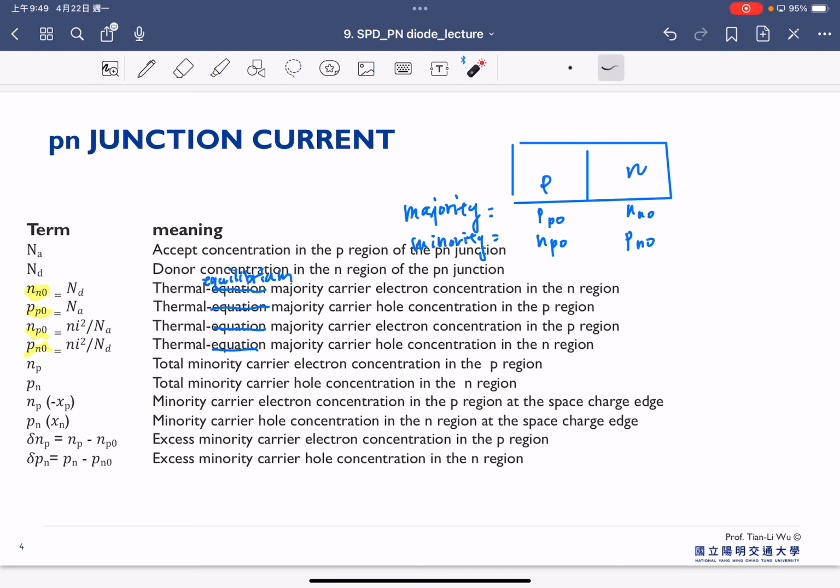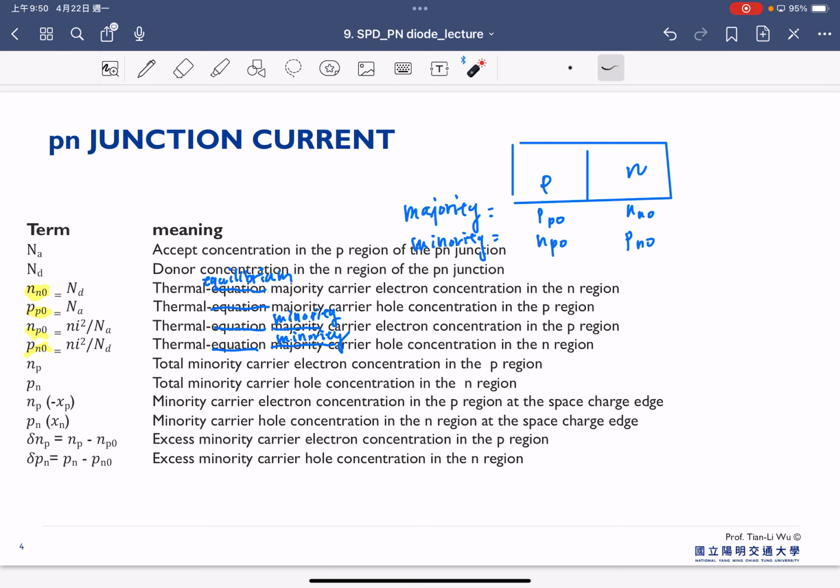So this is not correct. This is minority carrier. This is minority carrier. So we have the minority electron concentration in the P region and the minority hole concentration in the N region here.